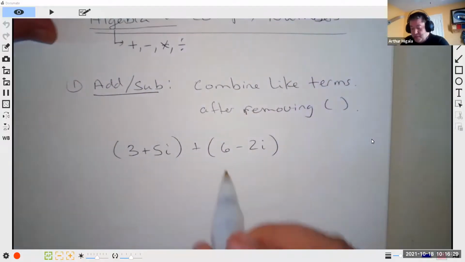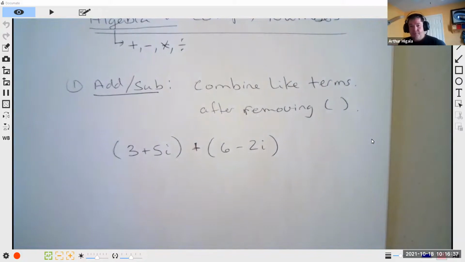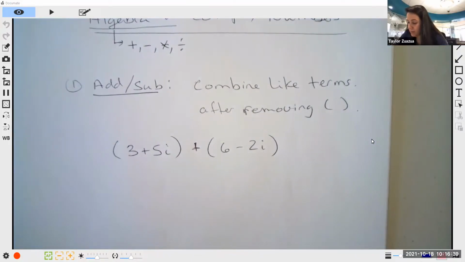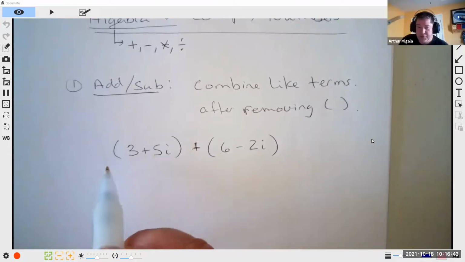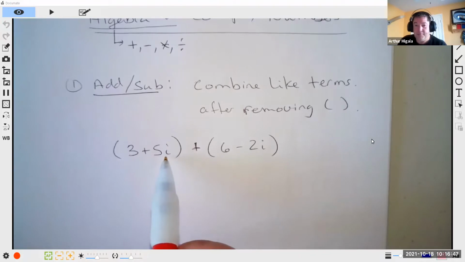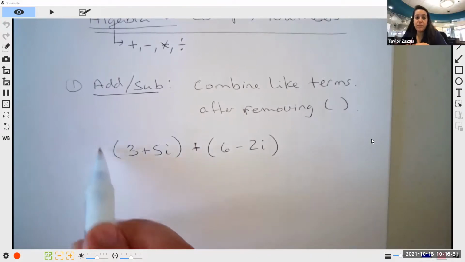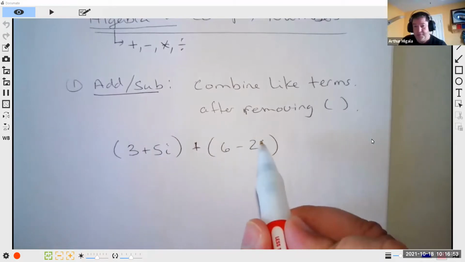So sorry. All right. So let's say we have something like this. And you usually always see them in parentheses because they're individual numbers. So always ask yourself, order of operations. Can we do anything inside the parentheses? No. Are there any coefficients? No. You don't have to distribute anything.